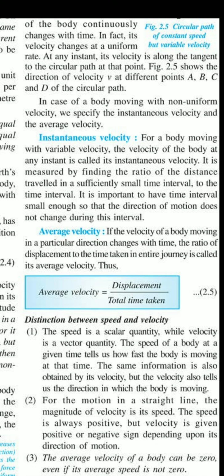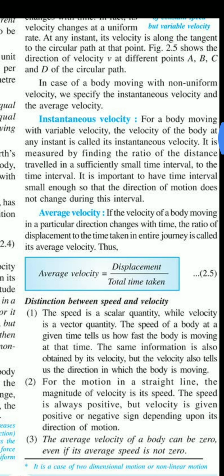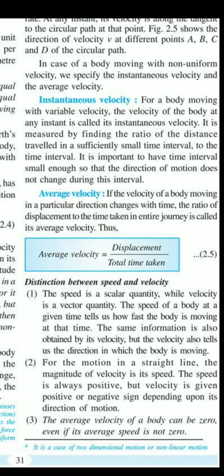When we are talking about two points, or a particular time interval, then from the final position and the initial position, we'll get the displacement, right? That only is called displacement. So whatever displacement has taken place in that time interval, that displacement divided by the total time taken, right?